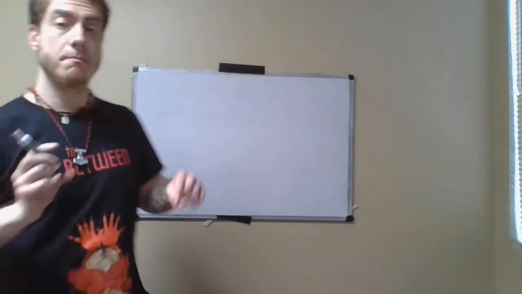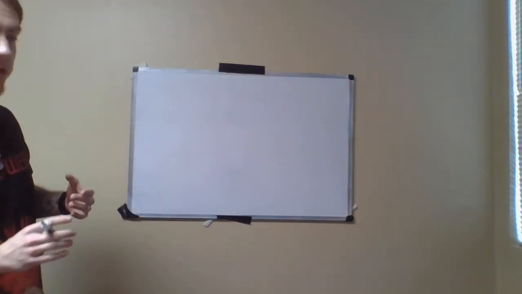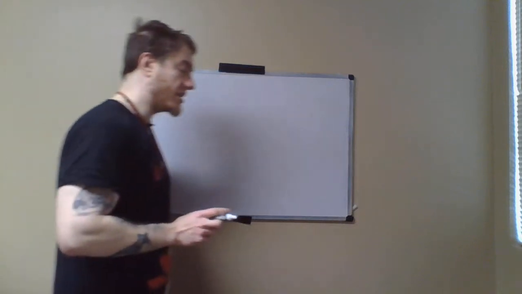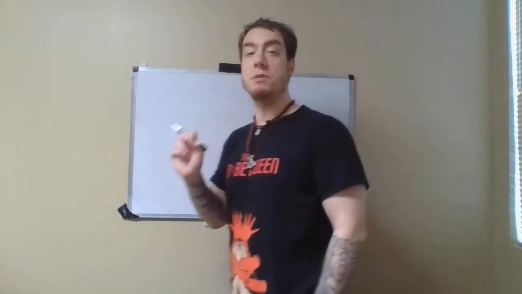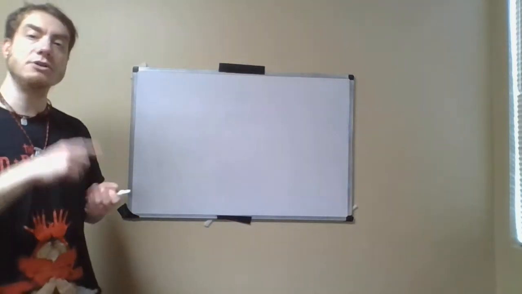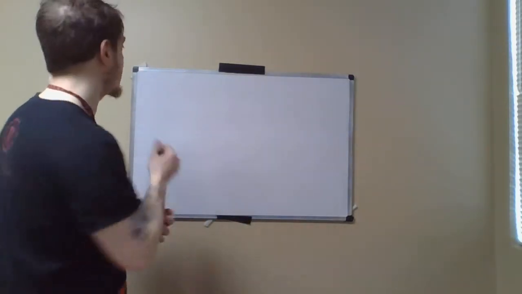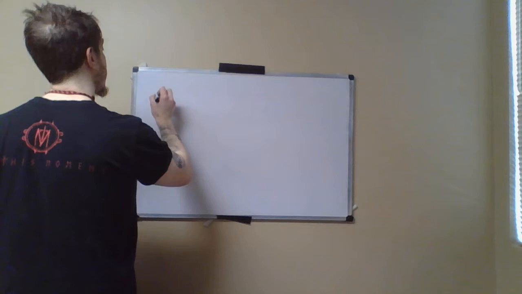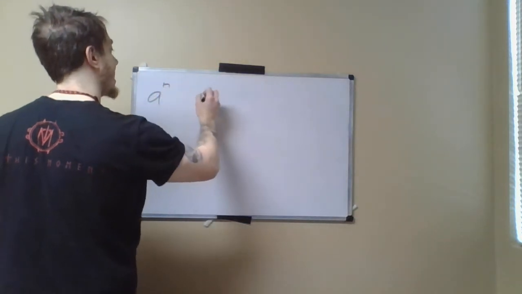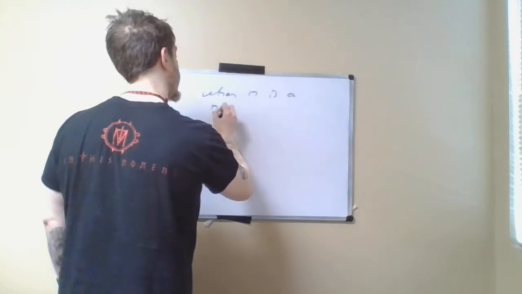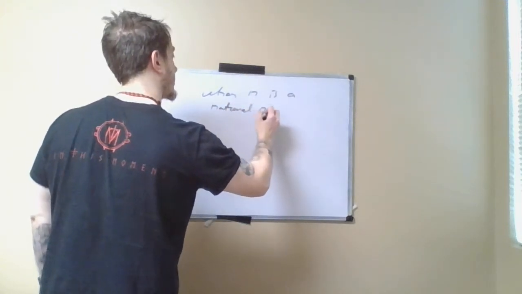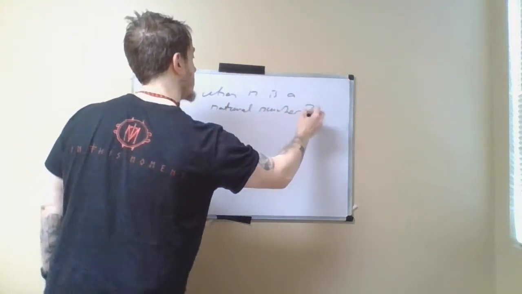Okay, so the most basic type of exponent is when the exponent itself is going to be a natural number, like 1, 2, 3, 4, 5. So how would we define a to the n when n is a natural number?